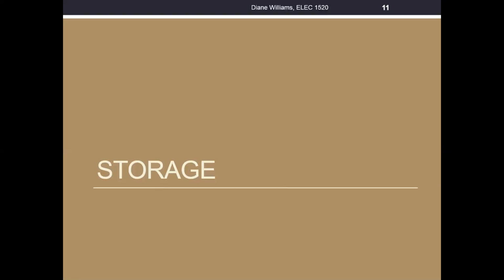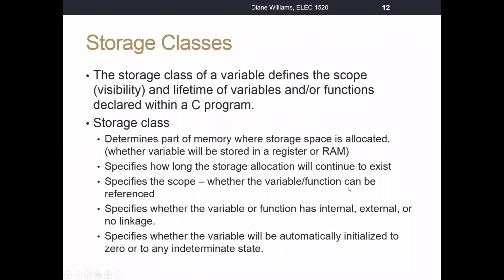So storage, we talked about scope. Scope is when something is available to us, so accessible and visible to our code. Storage talks about where it's stored in memory. So storage classes, right? The storage class of a variable defines the scope, visibility and the lifetime of the variables or functions declared. Functions have visibility and they have a lifetime as well.